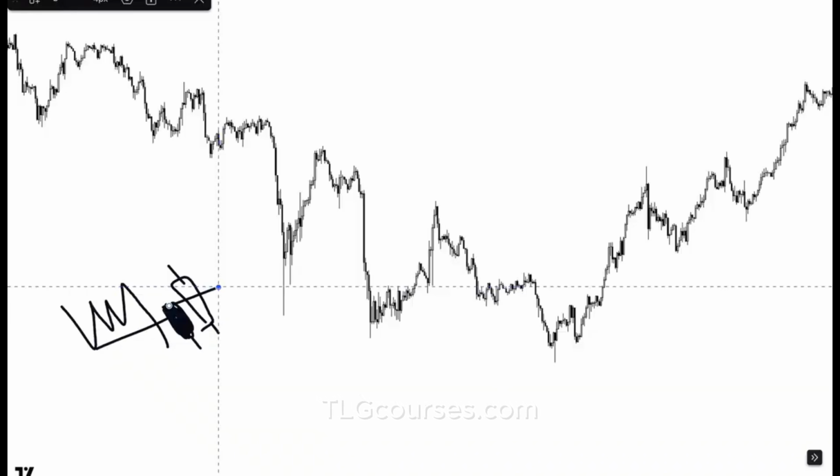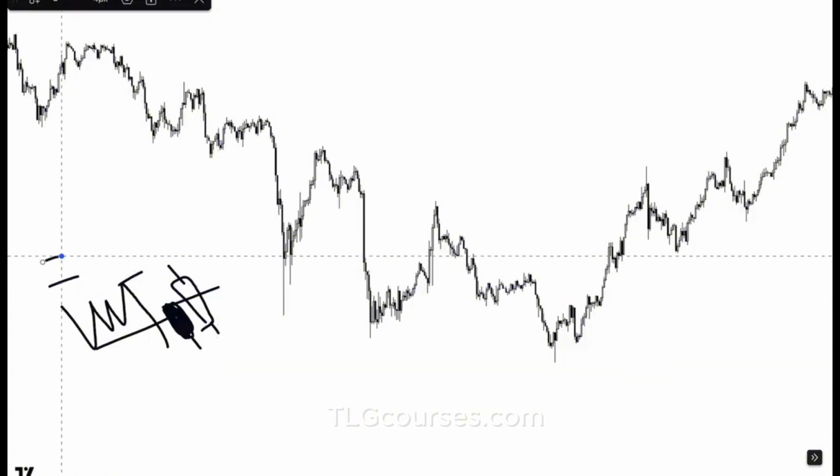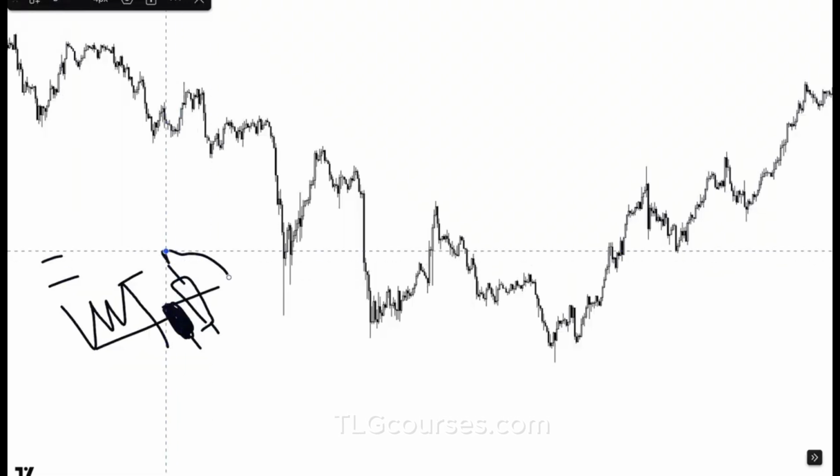And of course targeting previous highs one by one. The instant previous high, and then the 50%, and then the CRT high.